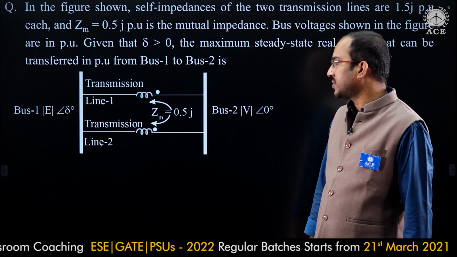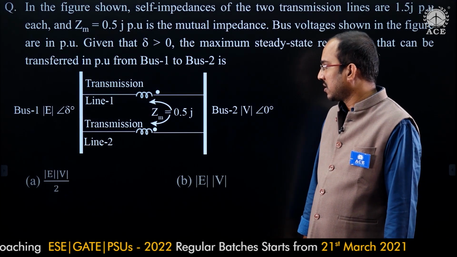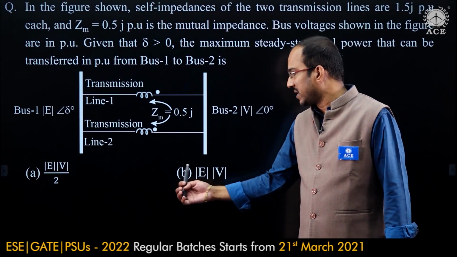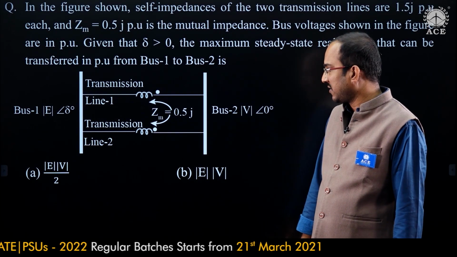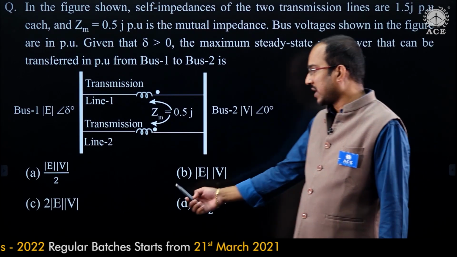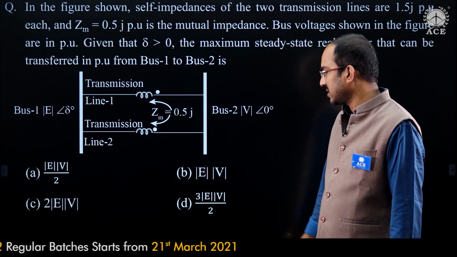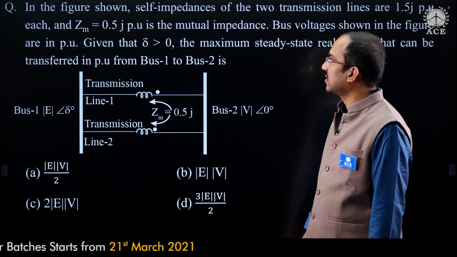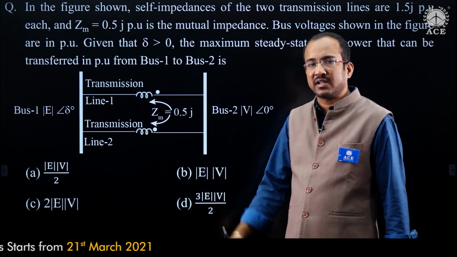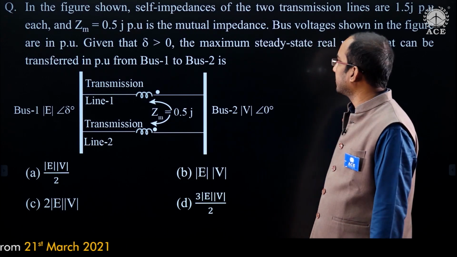Now, let us observe the options that are given. Option A is EV by 2, option B is EV, option C is 2 times EV, option D is 3 by 2 times EV. Now, let us find the solution for this problem.